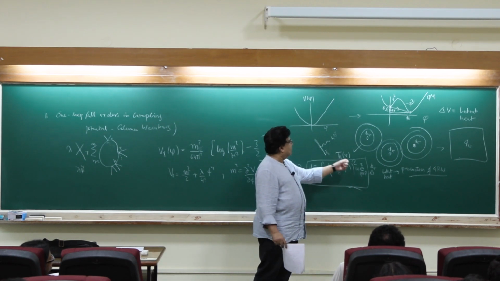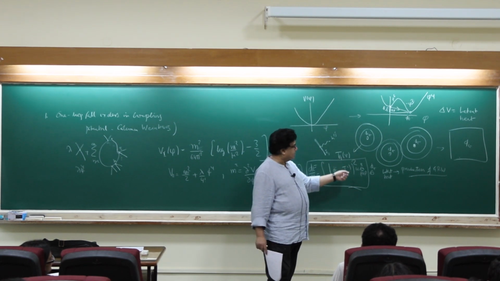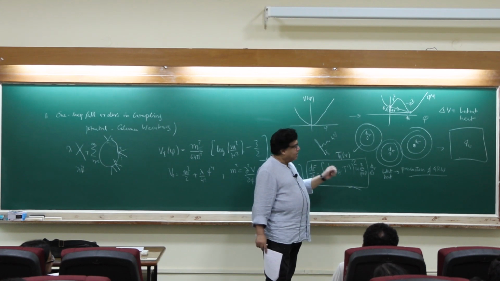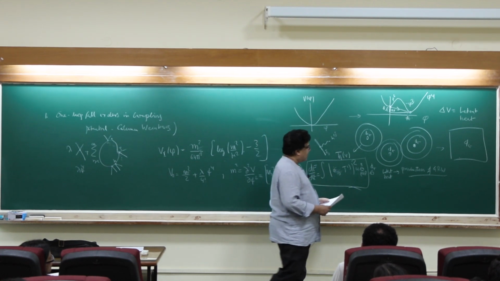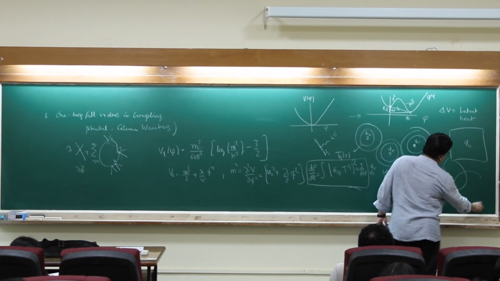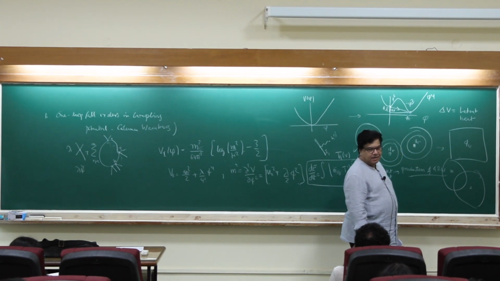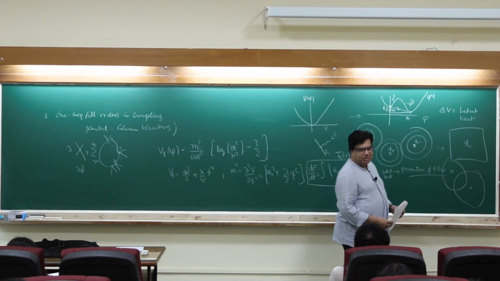Now if the bubbles did not collide, then you will see that the angular integral will actually give you 0. You need a quadrupole, you need an asymmetry for this to be non-zero. That asymmetry will arise when you have two bubbles colliding. So you have this situation: a collision of two bubbles.